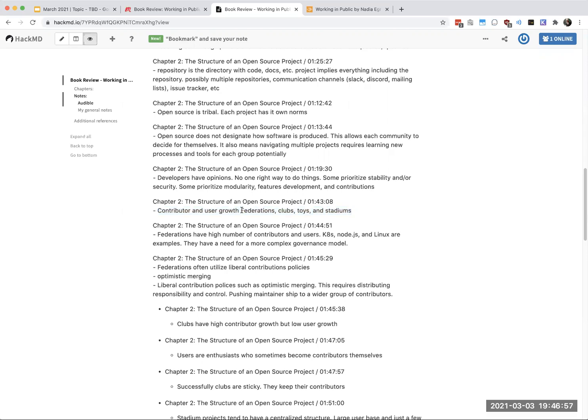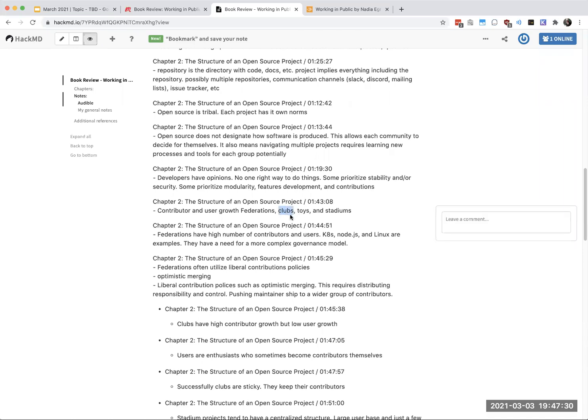So federations have a large number of contributors and a large number of users. Clubs usually have a smaller set of contributors and users, but they're very dedicated to the project, even if it doesn't have a large user base, even if it's old.